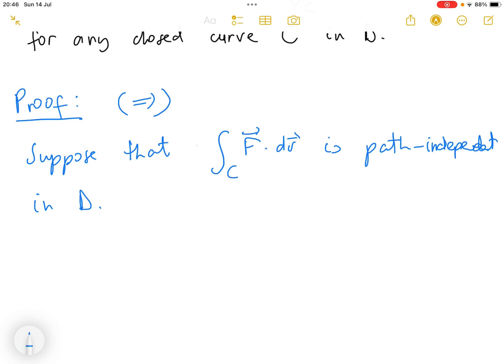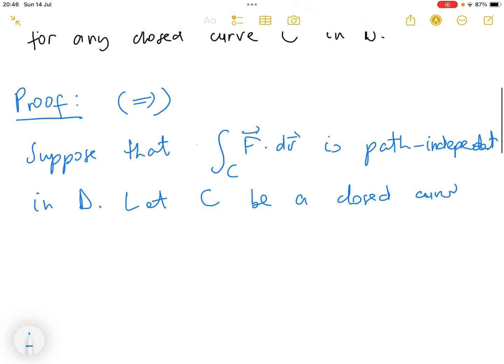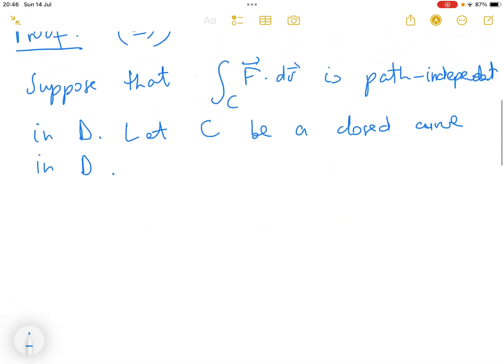Now let's suppose that the curve C is closed. Let C be a closed curve in D. We can sketch this.